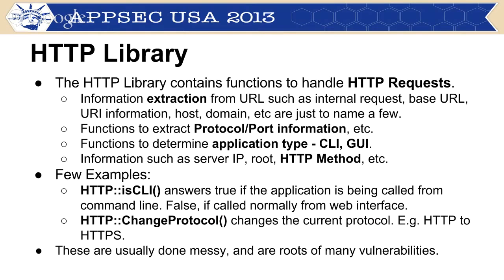If you don't know, CLI is command line interface, which is operated from the command line. It is usually used for testing purposes. Then there is the other method, GUI, which most probably you are using. GUI is actually the web browser, so you can determine which type of application it is from these functions. Then there are other functions which can give you information about which HTTP method is being used, what the server IP address is, and who the root is.